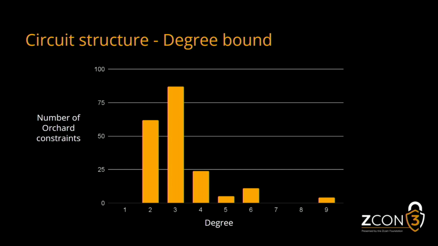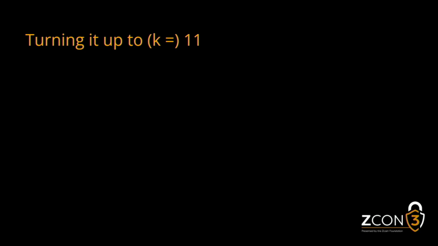So in general, I would say focus on keeping a reasonable degree bound that fits with the sort of protocol you're trying to do, and instead pay the cost in rows if you have the option of either.